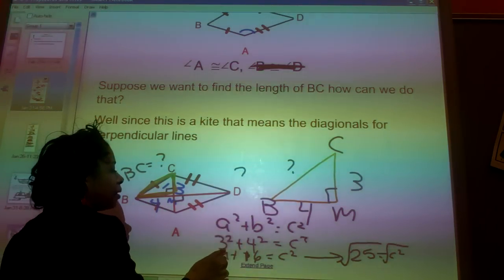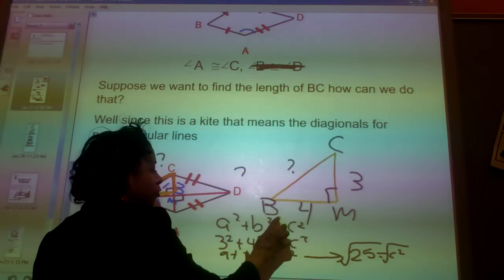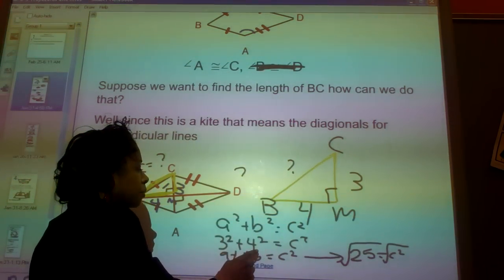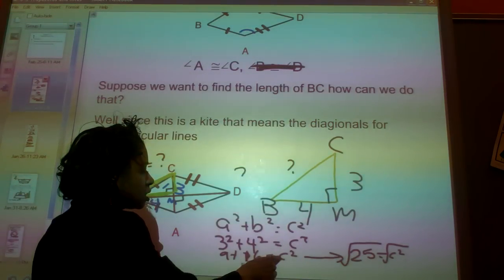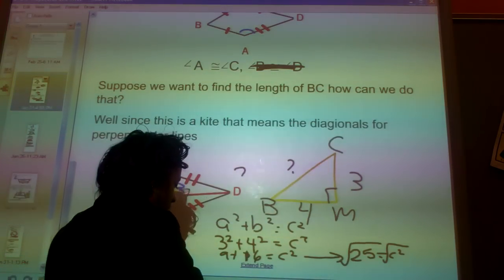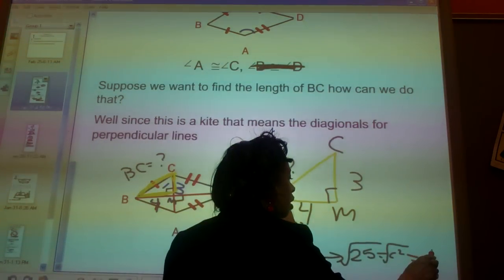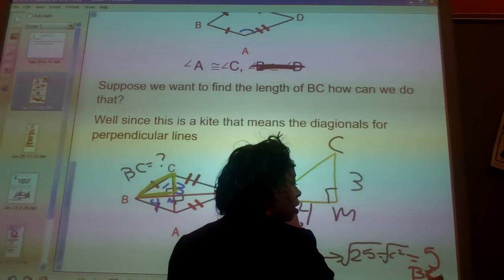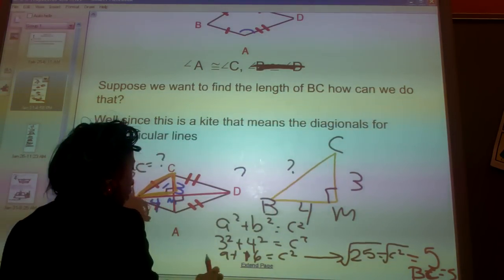I'm letting A be the 3, so 3 squared plus 4 squared is equal to C squared, which is your BC. So 9 plus 16 is equal to C squared, and that's 25, and the square root of 25 is going to be equal to 5. So BC is equal to 5. Okay?